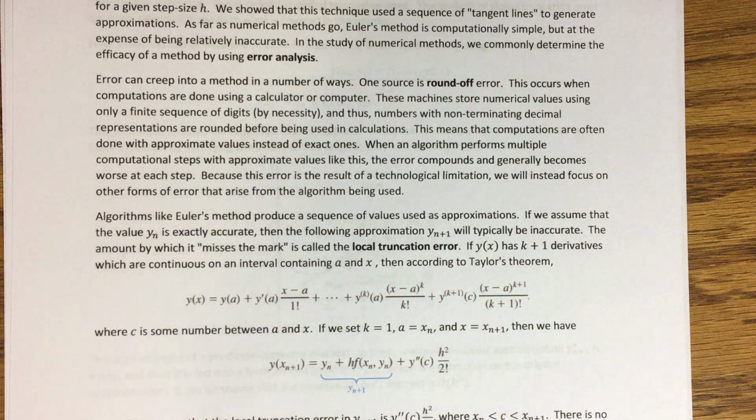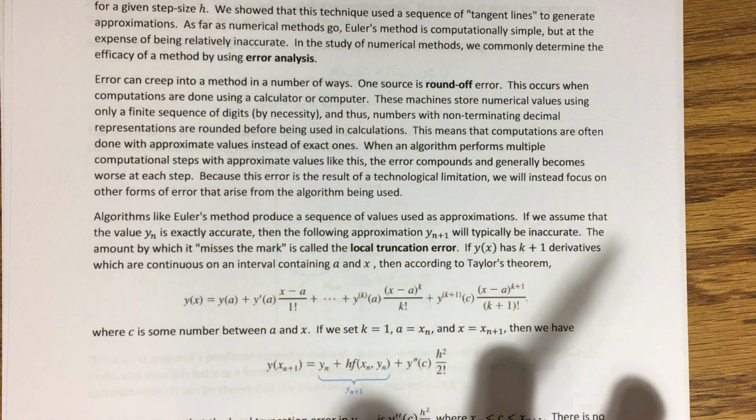So that's what we call round-off error. And because that's due to technological limitations, and there's usually not a whole lot we can do as far as changing an algorithm to mitigate that kind of error, we're not going to be focusing on round-off error here.